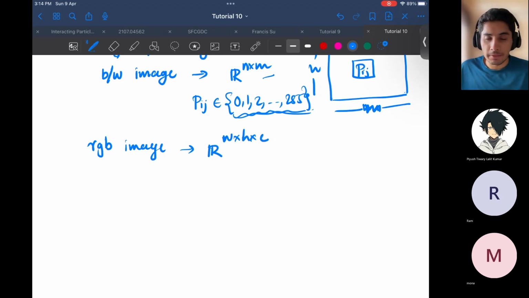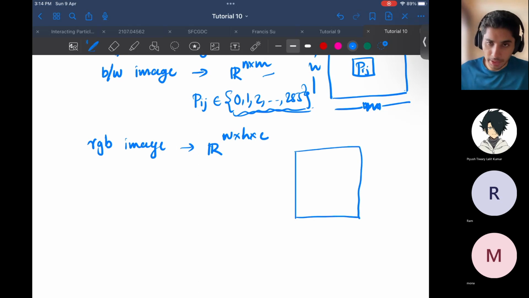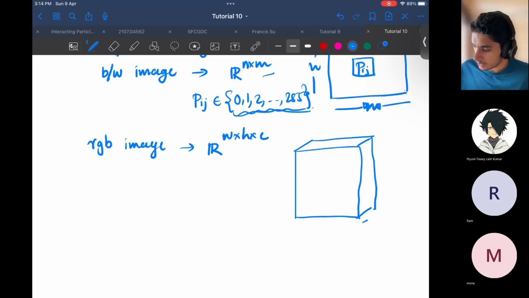What does it mean? It means it has some height and width, but apart from that it also has some depth to it. This depth is what we call the number of channels. So this is C, this is your width, and this is your height.